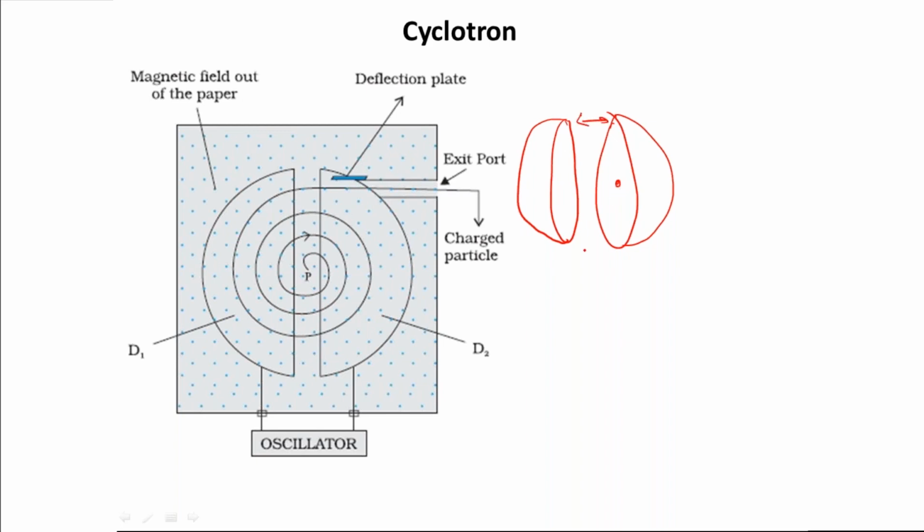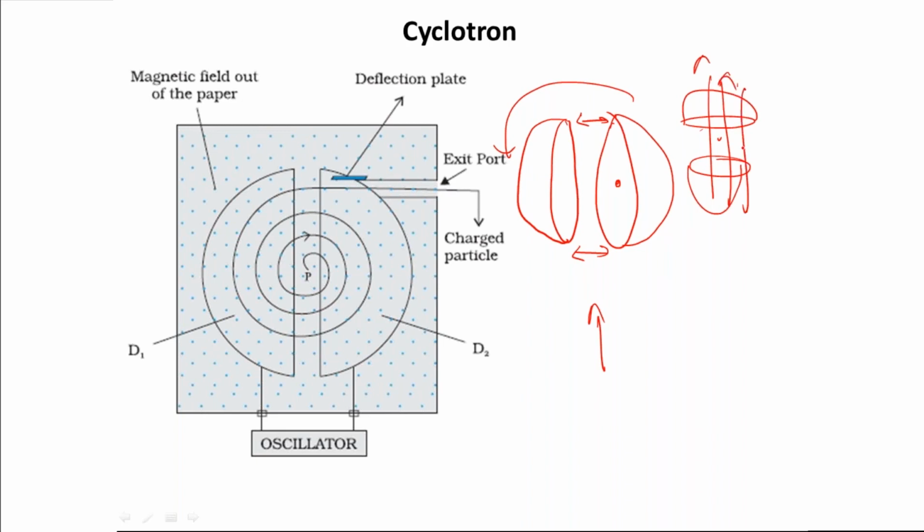You might be thinking, sir, where is the electric field acting? See, the magnetic field is coming out of the page. If you rotate these two Ds to the vertical direction, the magnetic field is like this. As long as the charged particle is inside the Ds, it is not acted upon by the electric field.